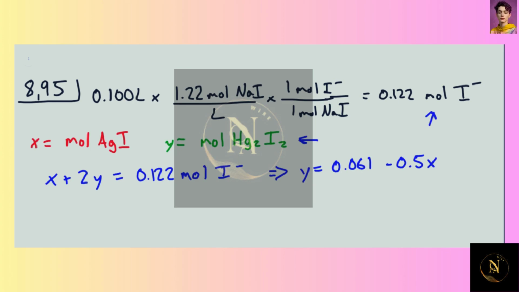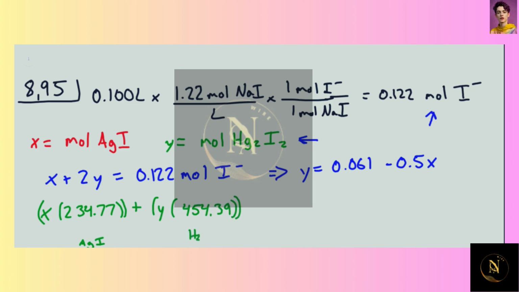So our second equation that we can use is related to the molar mass and the total mass that we have. So we know that if we multiply the moles of silver iodide times the molar mass, which is 234.77, that's the mass of silver iodide, and then we add to that Y times the molar mass of mercury iodide, which is 454.39.